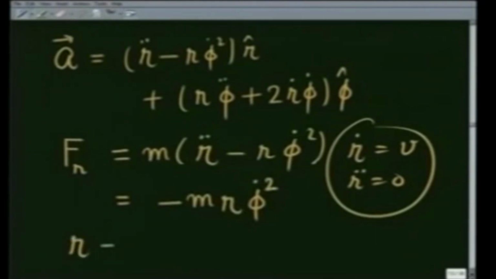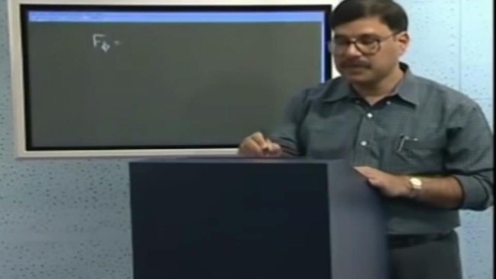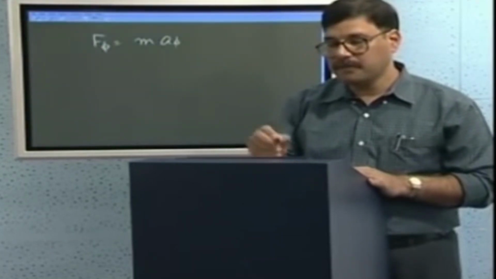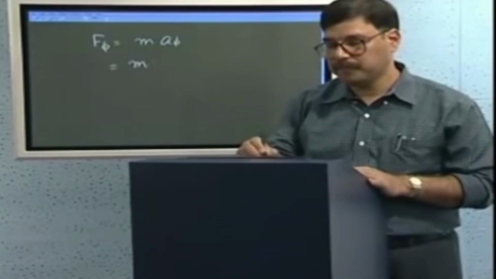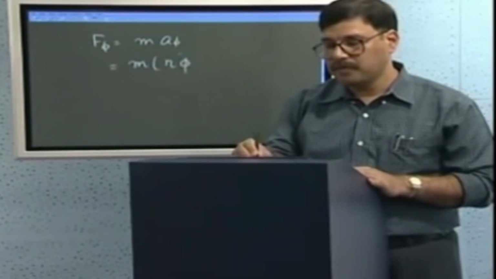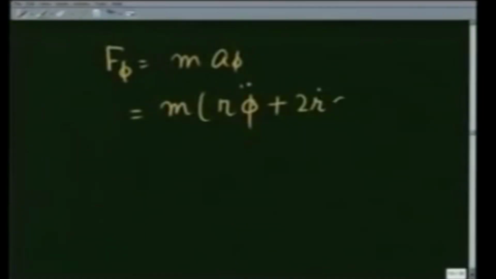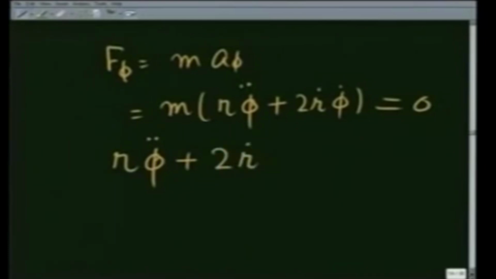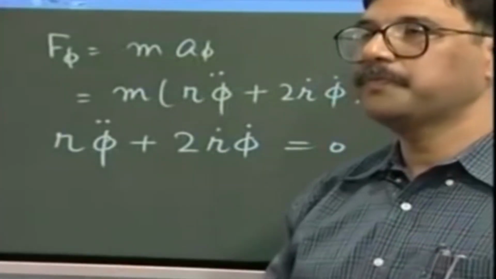Also, r is going to be its initial r0 minus vt, because r just keeps on decreasing at a constant rate. On the other hand, since there is no frictional force, there is no force in the phi direction, and therefore F phi, which is equal to m a phi, is m times r phi double dot plus 2 r dot phi dot, equal to 0.